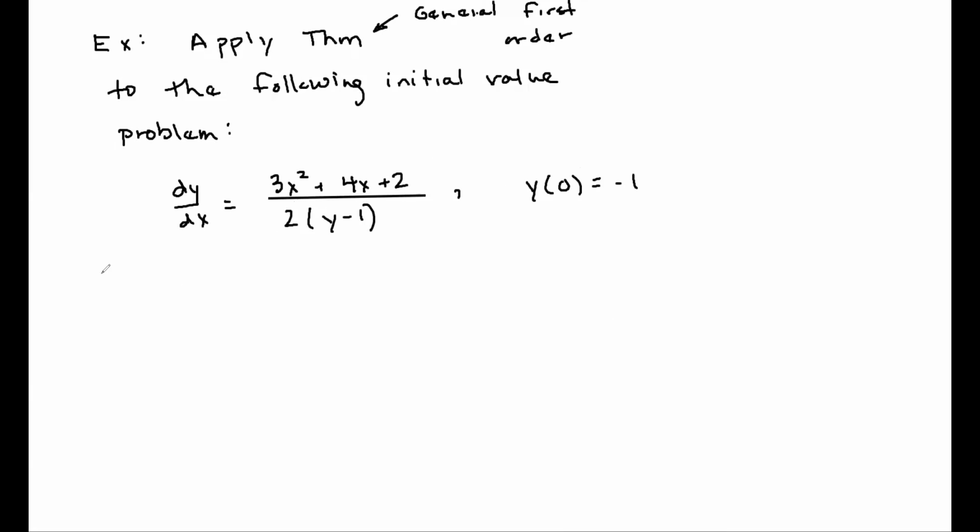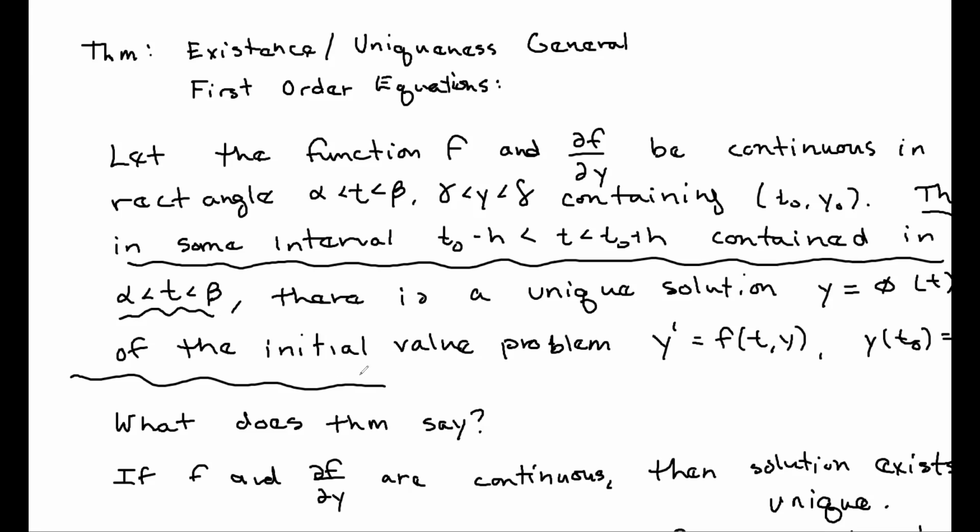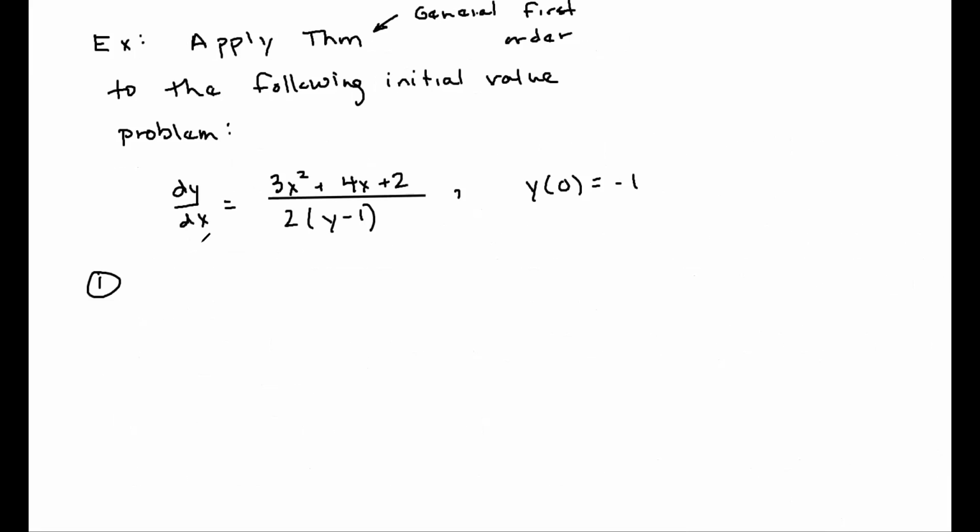Okay, so the first step is very similar to the first step from before, and that is you want to compare what they gave you with the format from the theorem. What does the format from the theorem say? It says that y prime equals f of t, y. So we've got y prime equals f of t comma y. What does that tell us?